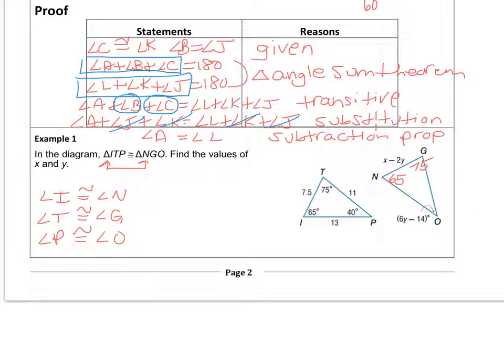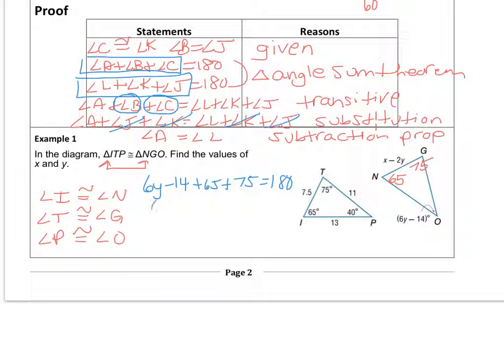One of them is an algebraic expression, so I can write an equation here using the triangle angle sum. I can say 6y minus 14. Hopefully you see that this little arrow is showing you that that goes in there for the angle. 6y minus 14 plus 65 plus 75 equals 180.